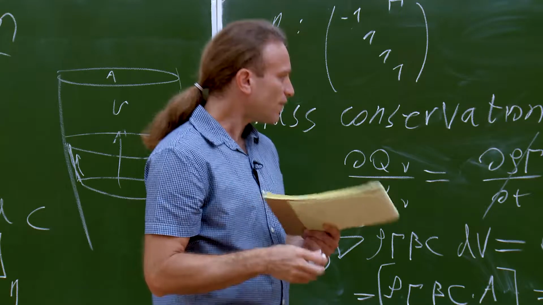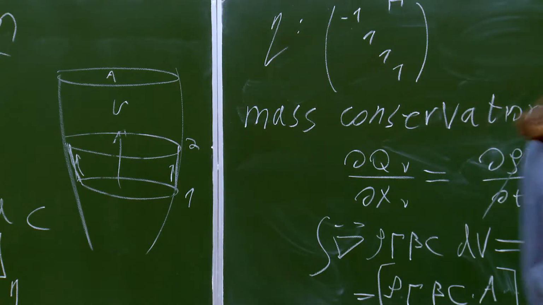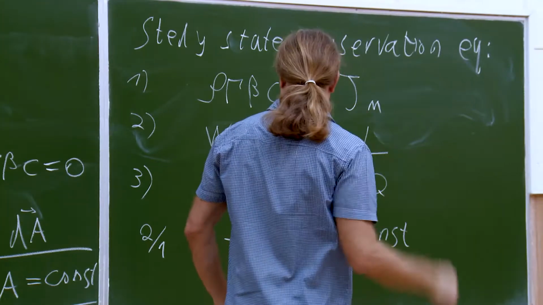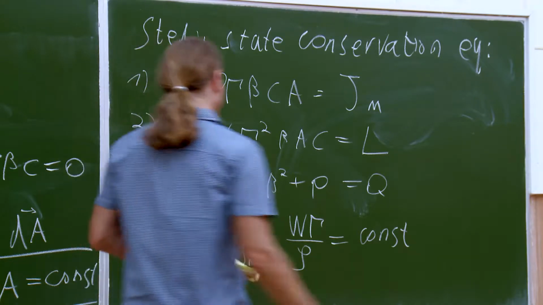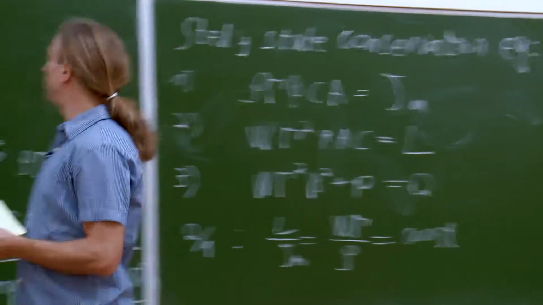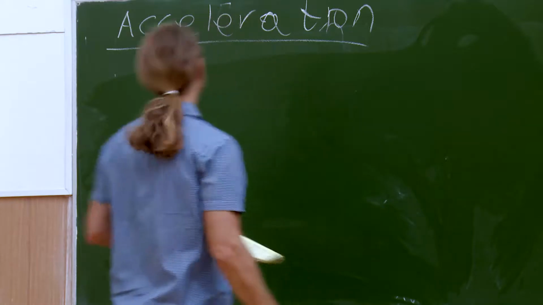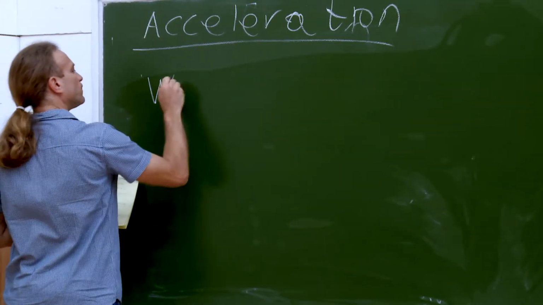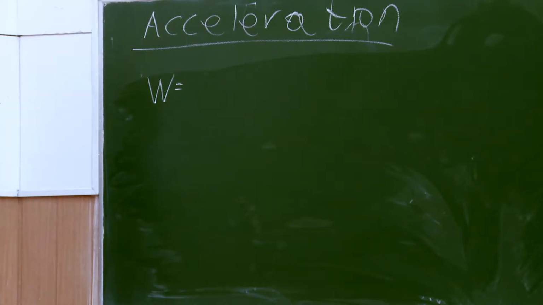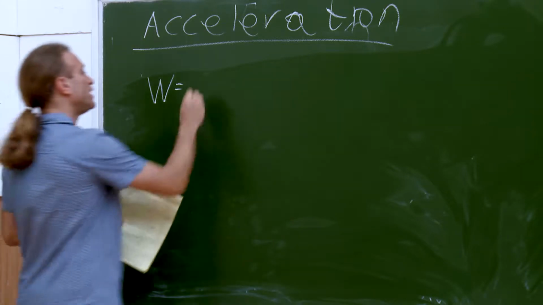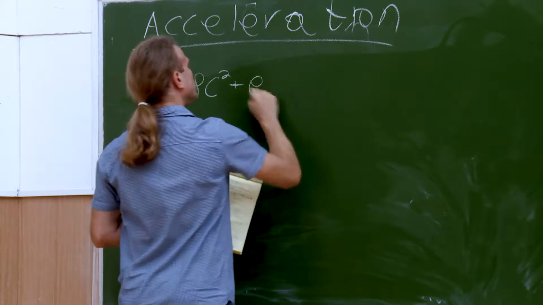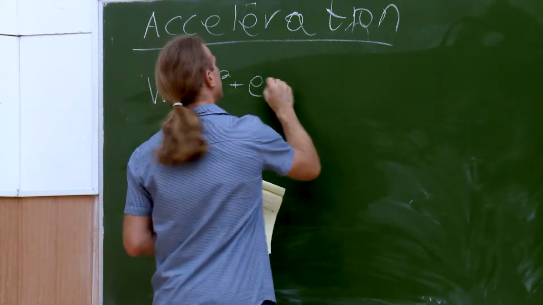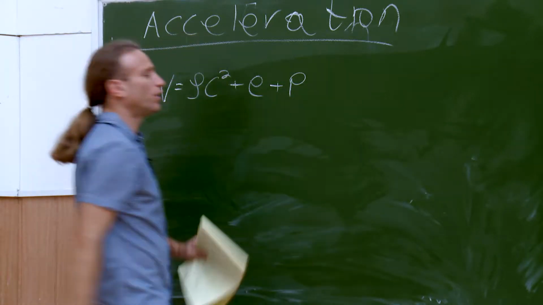Another thing that we need to do in order to get our relations is that I did not show you what W is. W, which is the enthalpy per unit volume, is equal to ρc² plus the internal energy density plus the pressure.